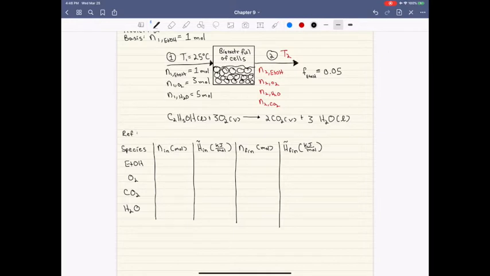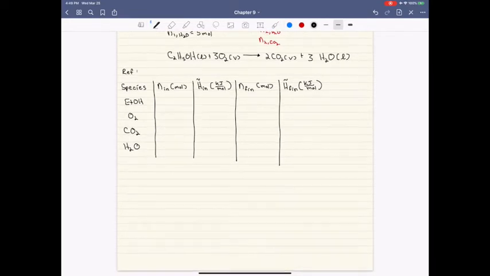Okay? Now that we've identified what our knowns and unknowns are, we could do a degree of freedom analysis in order to figure out if we have enough information to solve for all our unknowns. And since we're dealing with reactions, we're going to do an extent of reaction degree of freedom analysis.